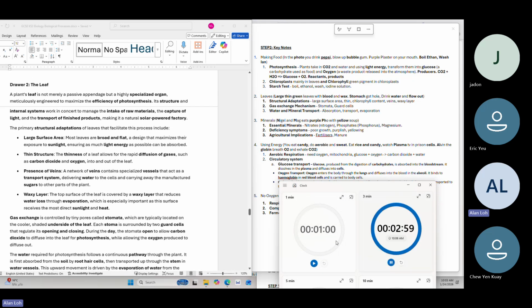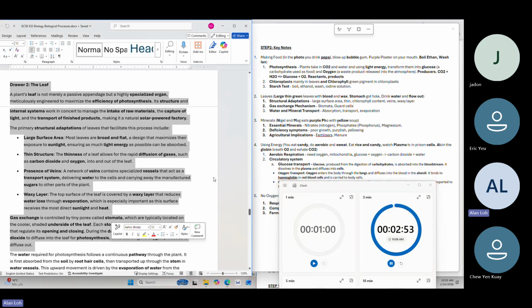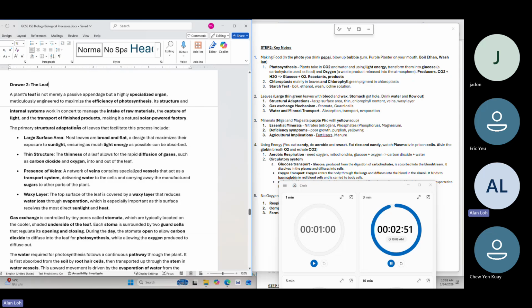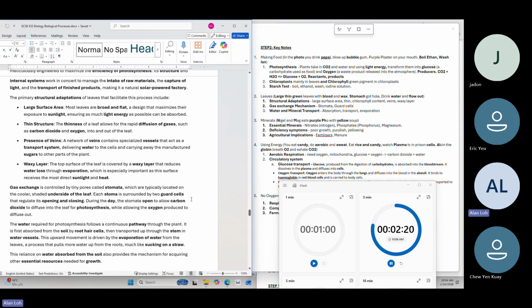Drawer number 2, start now. Okay, I'll scroll down a bit. Yep.